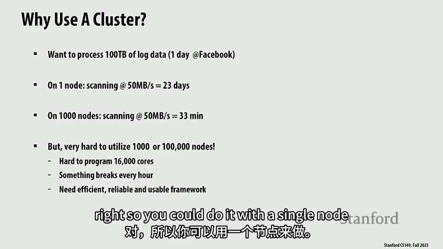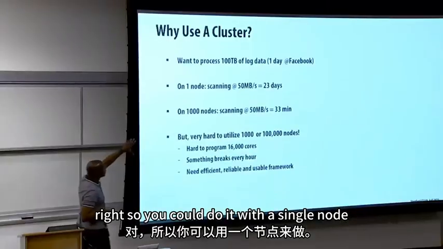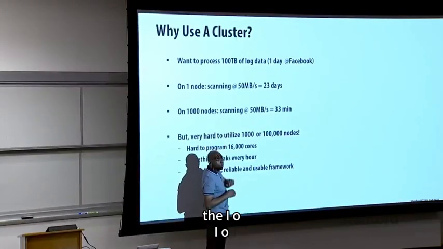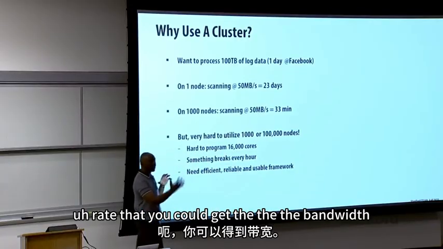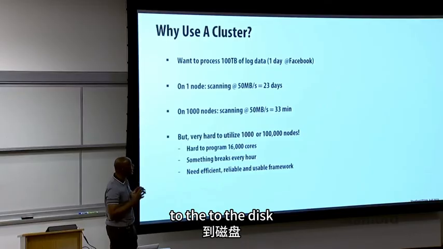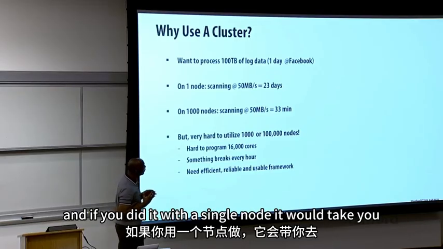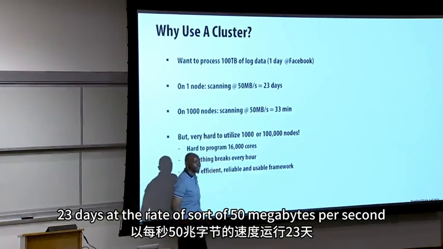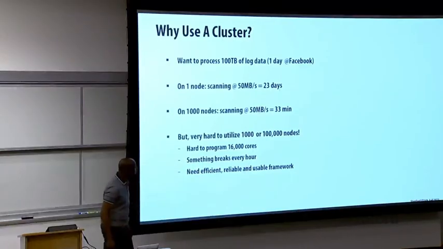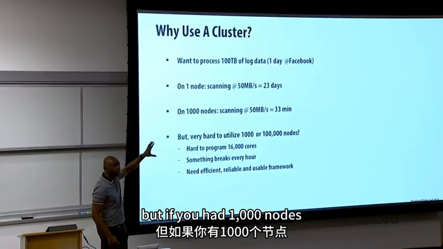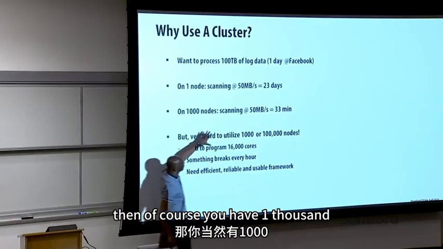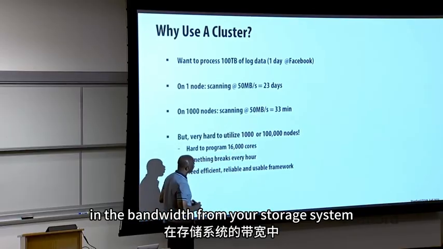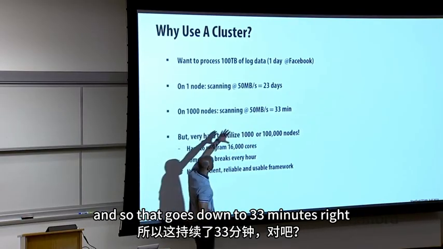You could do it with a single node, and your performance would be limited by the I/O rate, the bandwidth to the disk. With a single node, it would take you 23 days at a rate of about 50 megabytes per second. But if you had 1,000 nodes, then you have a 1,000-fold speedup in the bandwidth from your storage system, and that goes down to 33 minutes.